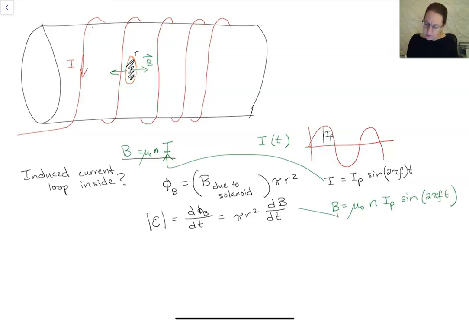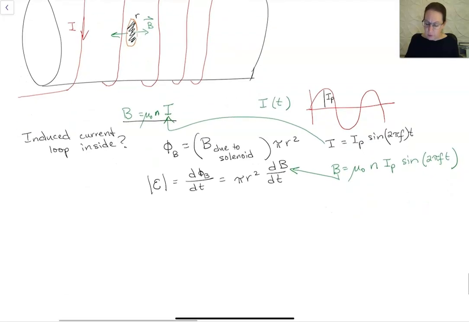And so all I have to do is take my derivative of that. And I wanted to point this out just to remind you that when we take derivatives like this, we're going to take the derivative with respect to time of mu naught n I peak sine of 2 pi f t.